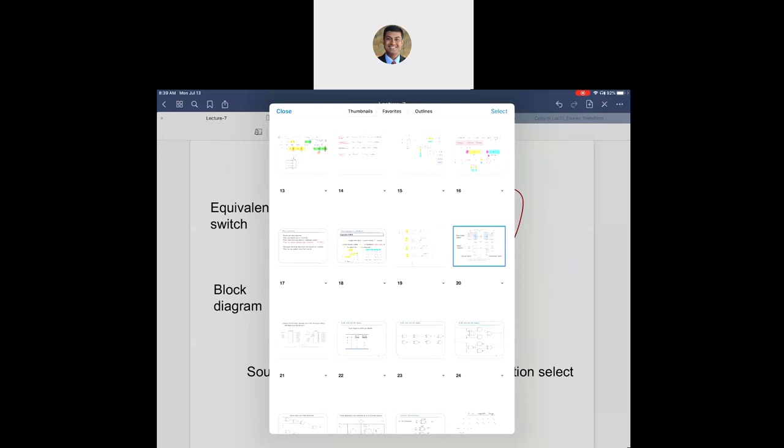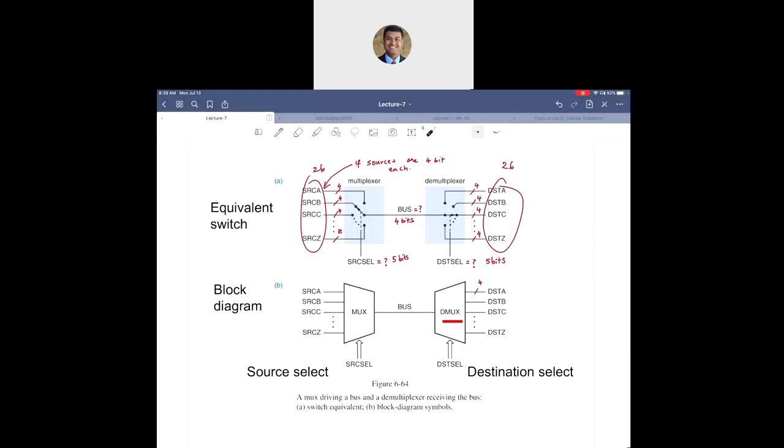Go back here. Okay, so whatever that top block diagram was, which was essentially an equivalent switch, the switch is being used for mux and demux. So a commutator picking one of the sources and delivering that information to one of the destinations. Now, in the second one, we are essentially representing that same thing using the symbols for a mux and a demux. So for a mux, you have a trapezoid with the long side representing the many inputs and the short side representing the one output.